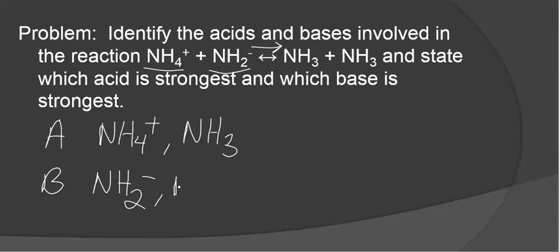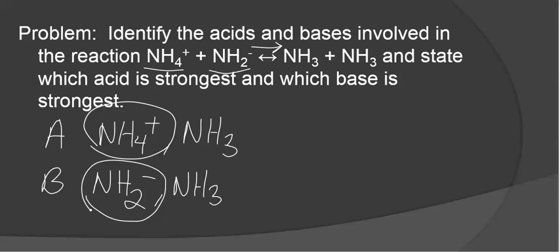And then also one of the NH3s would be the conjugate base. As far as which acid is the strongest and which base is the strongest, the longer arrow points toward the weaker acid and base pair. So my strongest acid is NH4+, and my strongest base is NH2-.